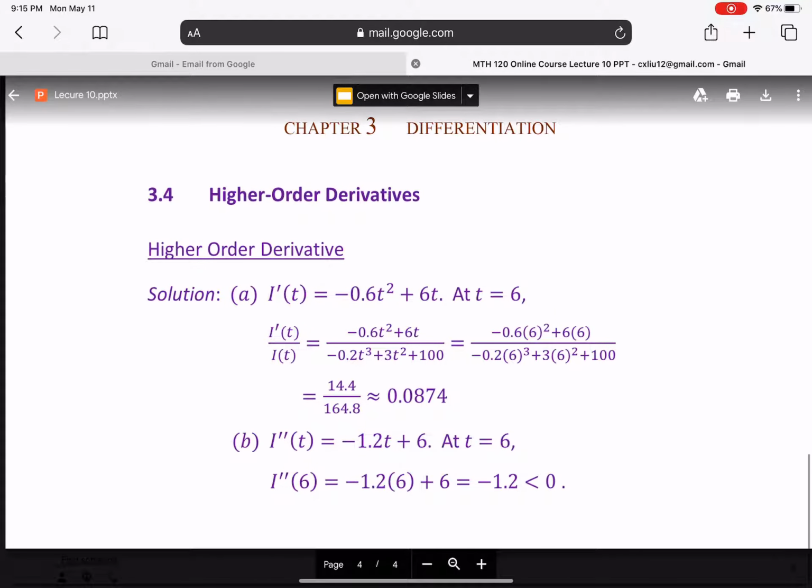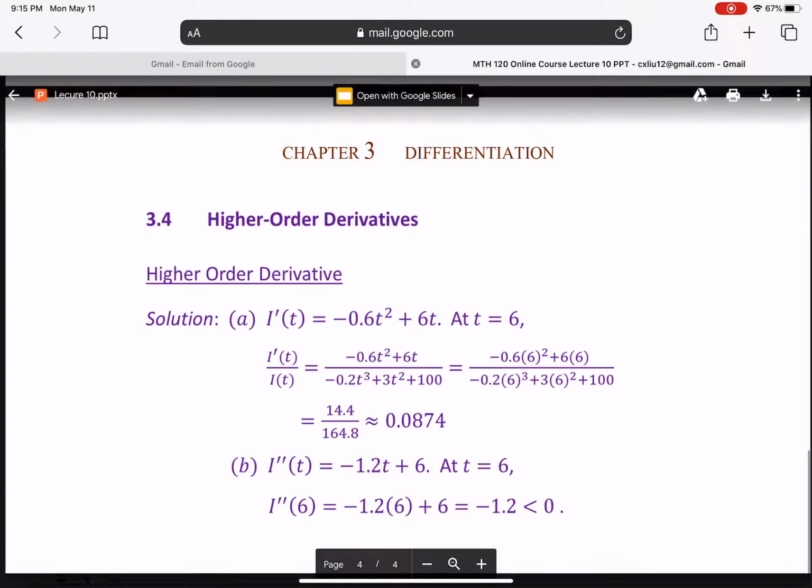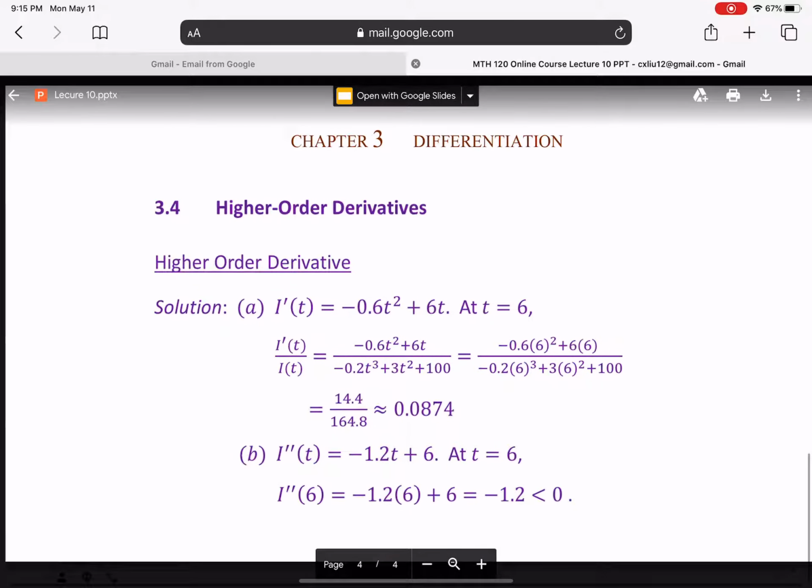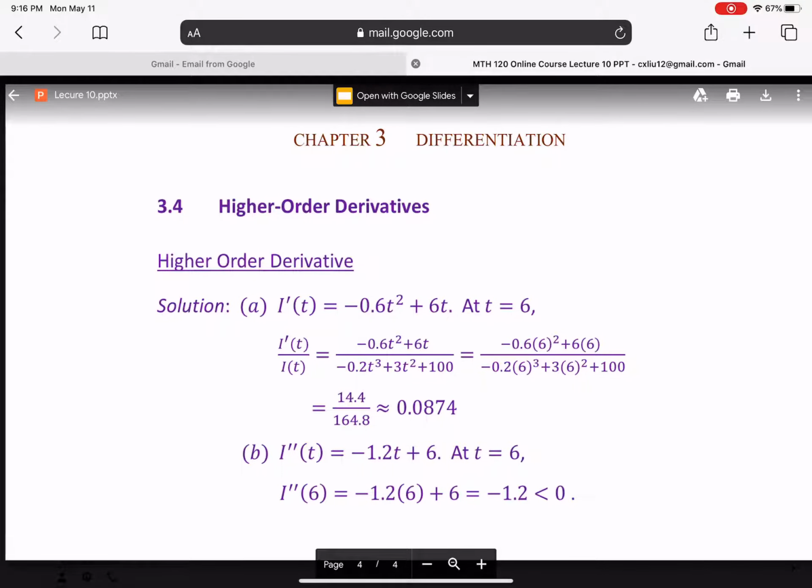So remember, I of t is negative 0.2 t cubed plus 3t squared plus 100. So if you take the derivative of I, you get negative 0.6 t squared plus 6t. On the next slide. So at t equal to 6, the inflation rate will be I prime 6 over I 6.